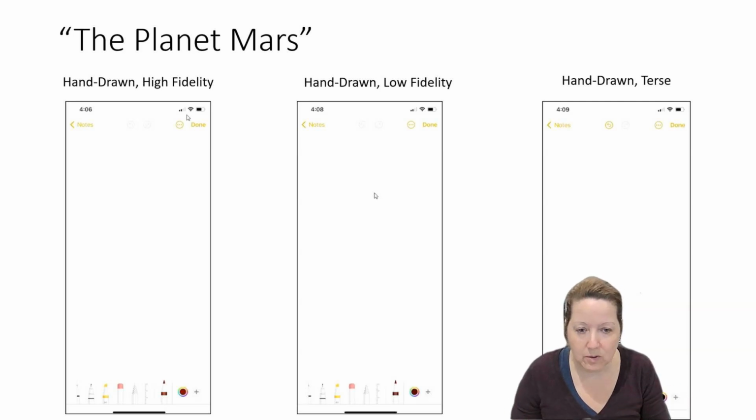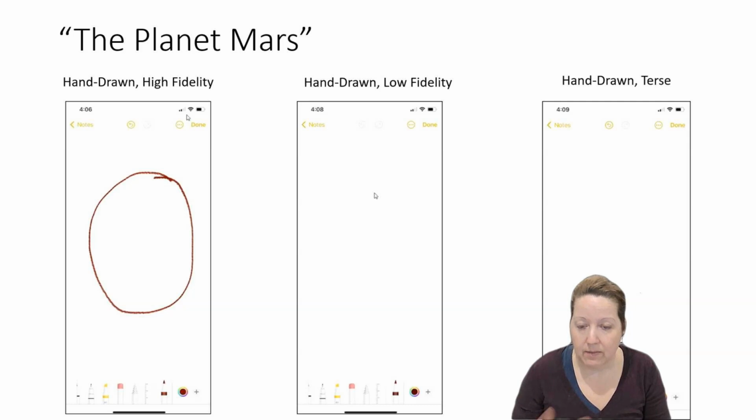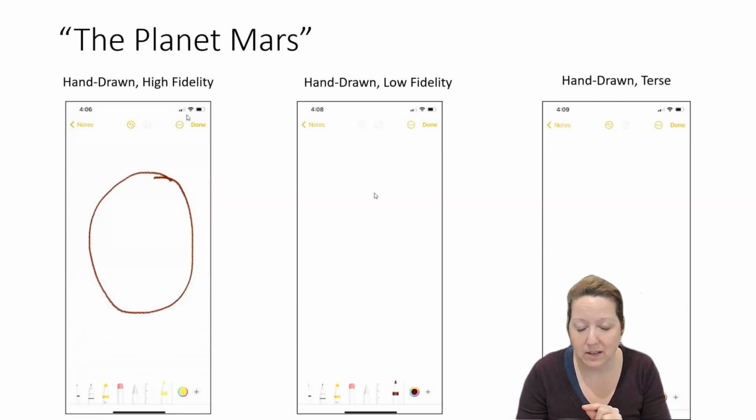So we're going to start first with some examples. I did these on my phone. We're going to start here on the left-hand side, and we're going to draw what I would call a high fidelity drawing, which is I'm really trying to make it look like Mars. And I have zero talent. So for me, I would definitely change color. I'm using my finger in this case, so it's not going to be that great.